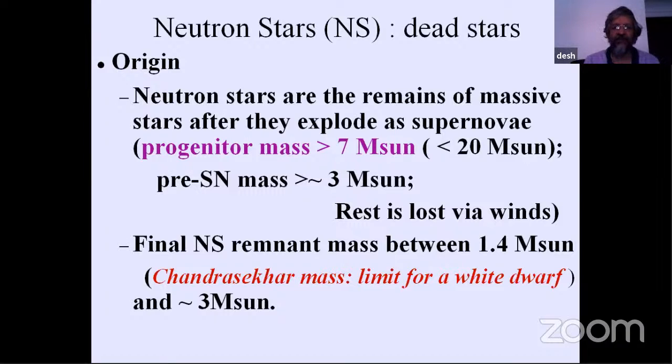And there is a study I'm going to mention at the end of this talk, if I find time before 11. It's a case study of how a couple of important things can be inferred by just asking one interesting question. And one of the fallouts of that analysis was getting a limit on the progenitor mass.